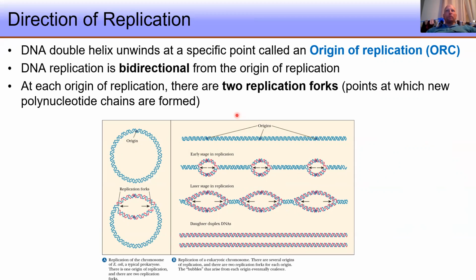And we call them replication forks, are the points at which new DNA chains are being formed. And you can see as the replication continues, these bulges get larger and larger as we form copies or duplex daughter DNAs. And at the end of this process, we now have a complete identical copy of the original DNA strand.